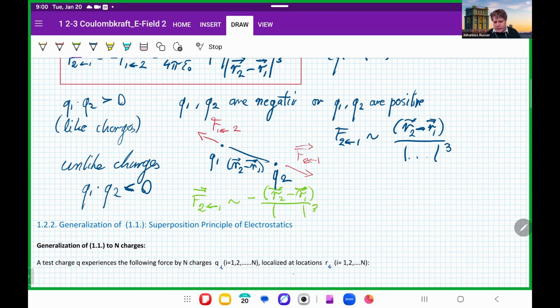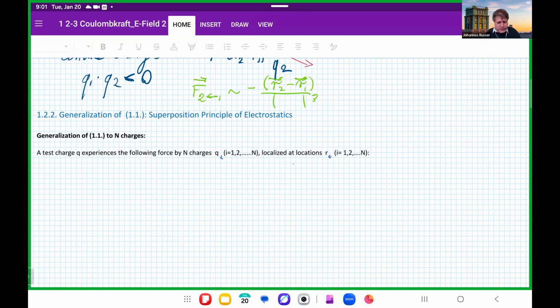So in terms of the scaling in the magnitude, these two cases are not any different, but you now have forces where they attract each other.